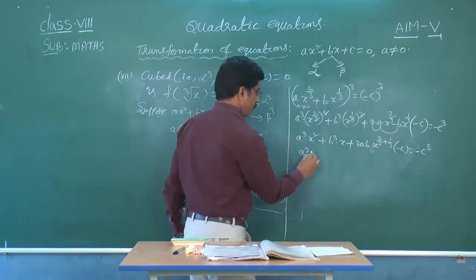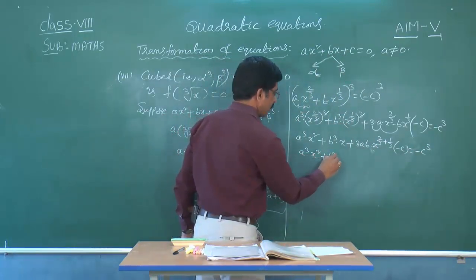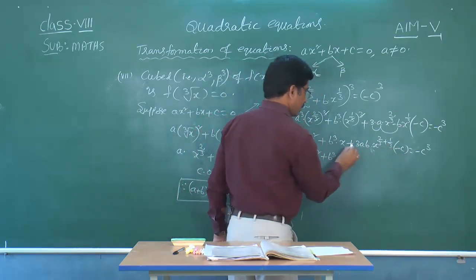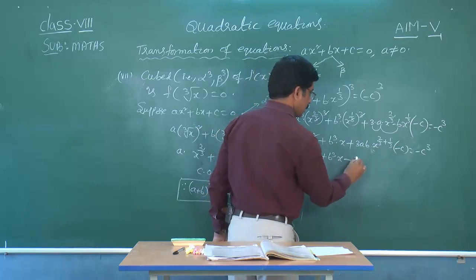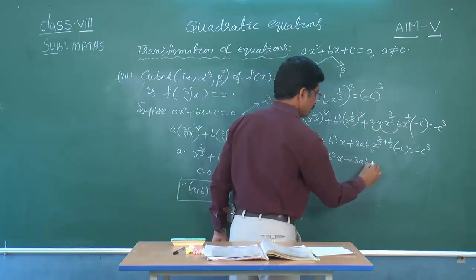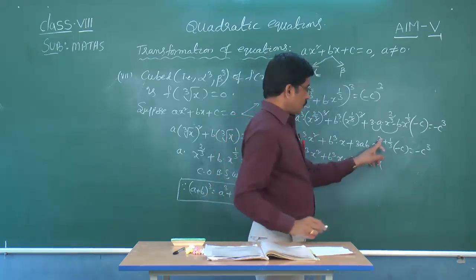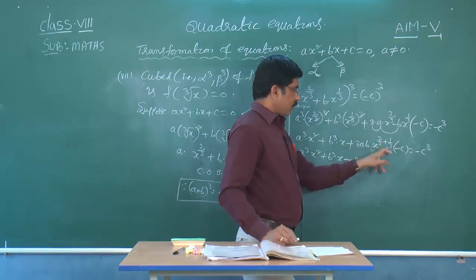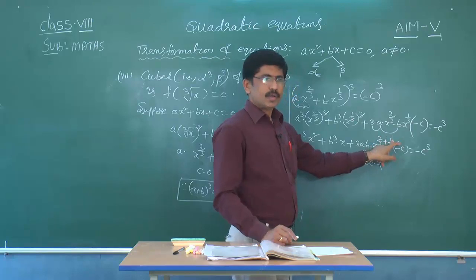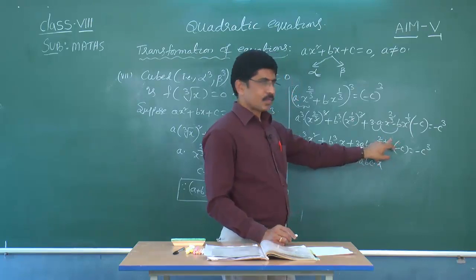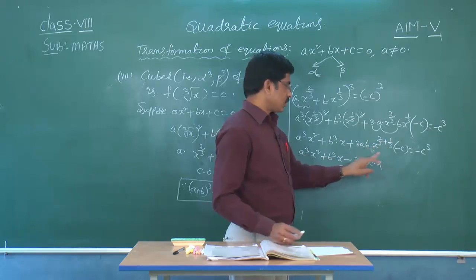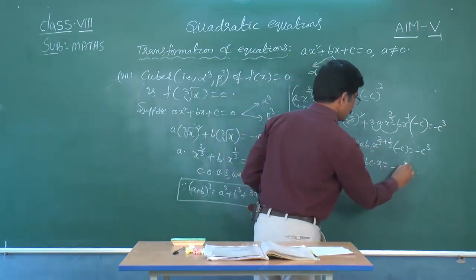So a cube x cube plus b cube x, minus into plus is minus, 3abc into x. 2 plus 1 is 3, 3 by 3 is 1, denominators are the same, so powers are added, x power 1 as x, is equal to minus c cube.